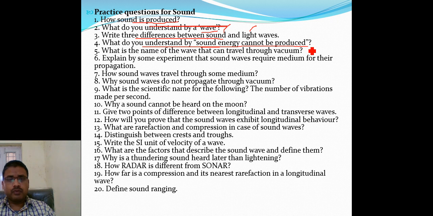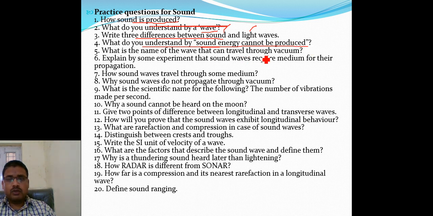What is the significance of this line? If sound energy cannot be produced, that means vibrations cannot be produced. Vibration is a sound energy. If that sound energy cannot be created, that means vibrations are not there. What is the name of the wave that can travel through a vacuum?